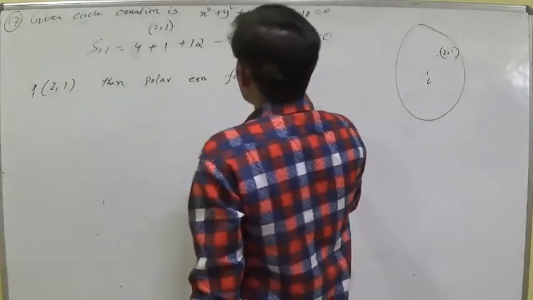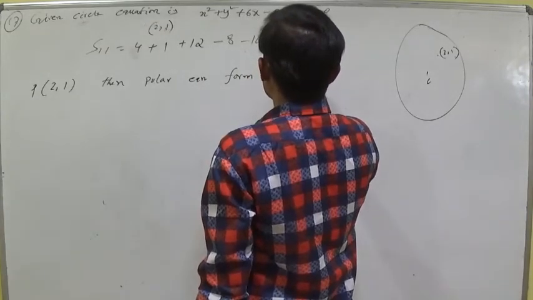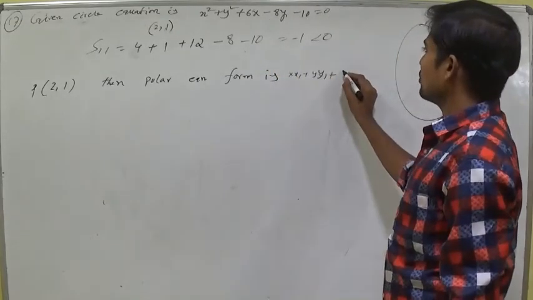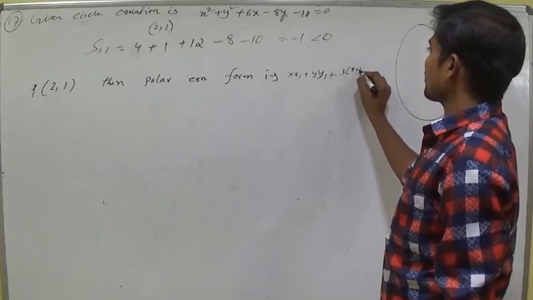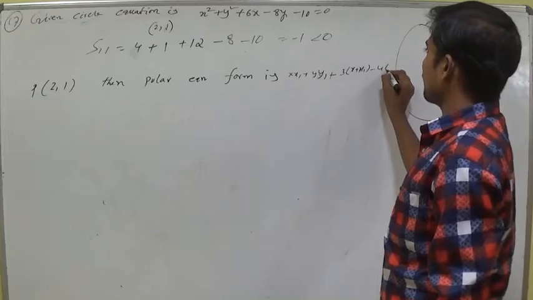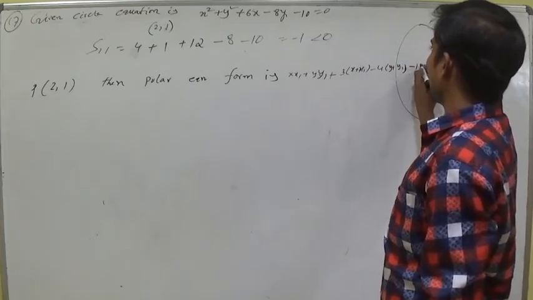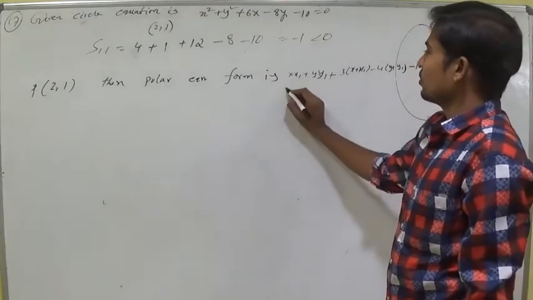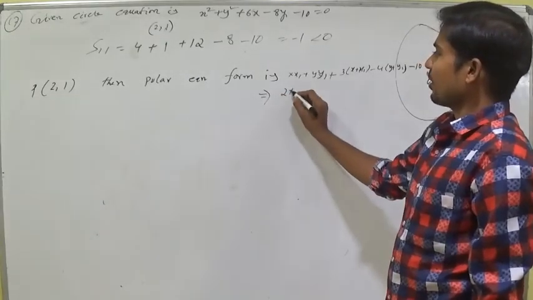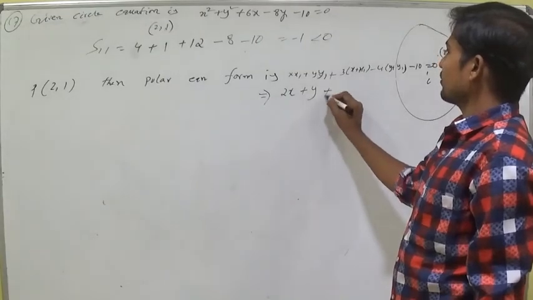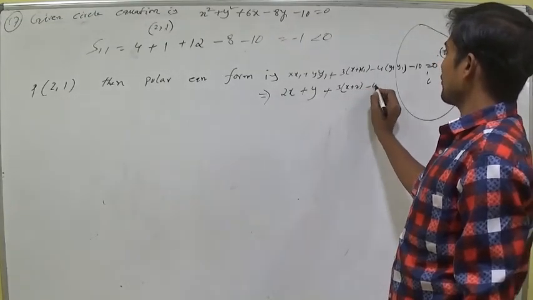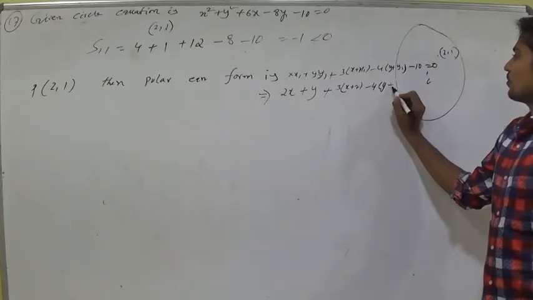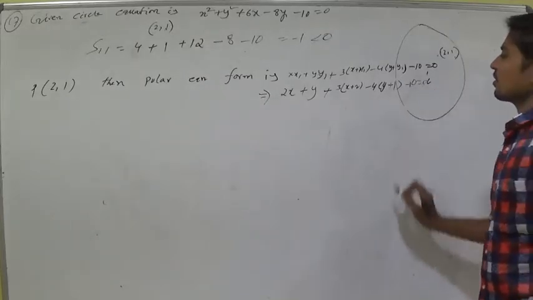So x x1 plus y y1 plus g into x plus x1 and f into y plus y1 plus c equal to 0, that is 3 into x plus x1 and minus 4 into y plus y1 minus 10 equal to 0, right? x1 is 2, so 2x plus y plus 3 into x plus 2 minus 4 into y plus 1 minus 10 equal to 0.